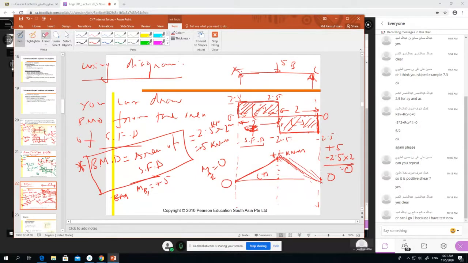I don't know why I cannot draw it clearly. Okay, so 5 and 0. So this is also positive. So this is our bending moment diagram.